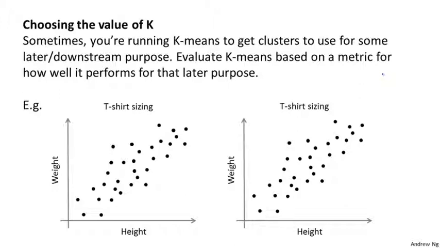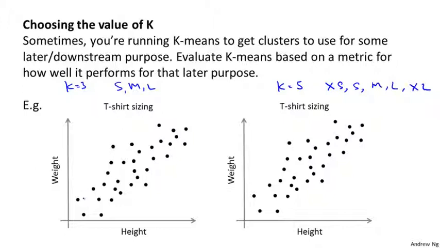Let's say we go through the t-shirt sizing example again, and I'm trying to decide, do I want 3 t-shirt sizes? So if I choose k equals 3, then I might have small, medium, and large t-shirts. Or maybe I want to choose k equals 5, and then I might have extra small, small, medium, large, and extra large t-shirt sizes. We could also have 4 t-shirt sizes, but I'm just showing 3 and 5, just to simplify this slide for now.